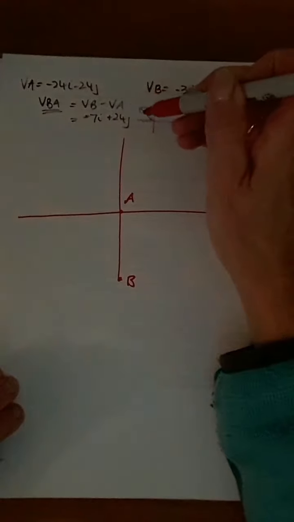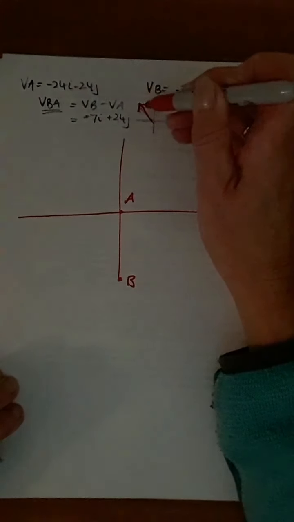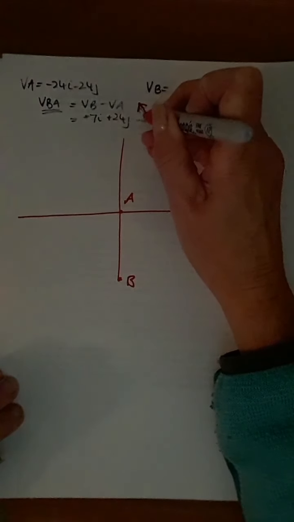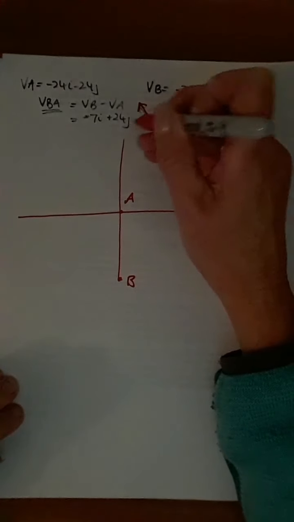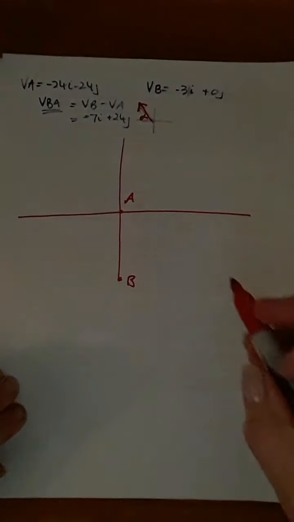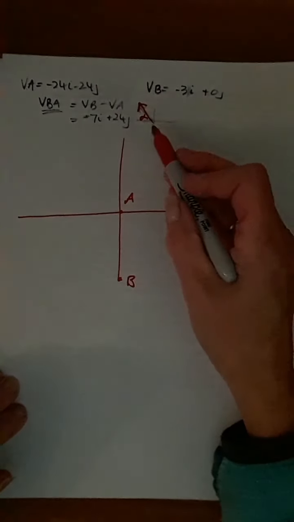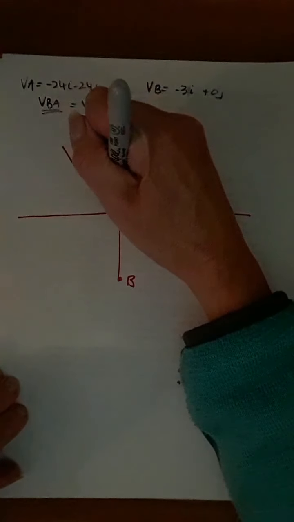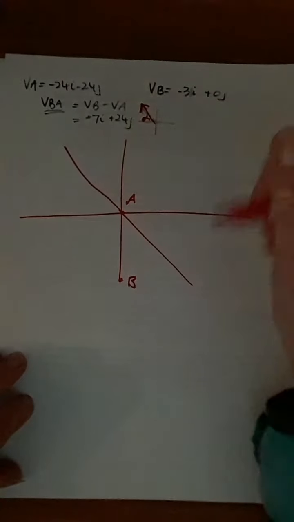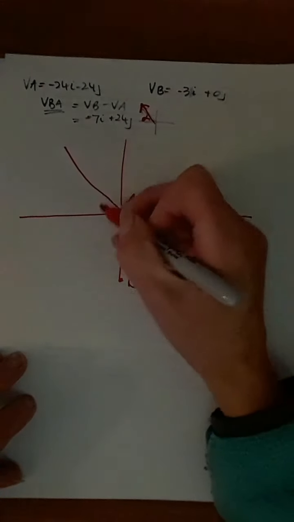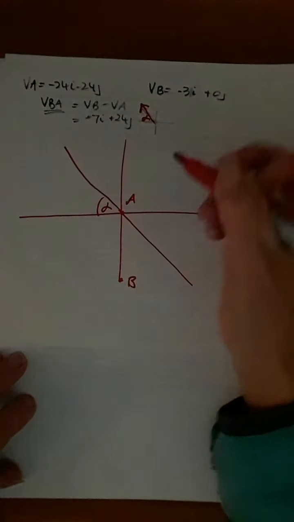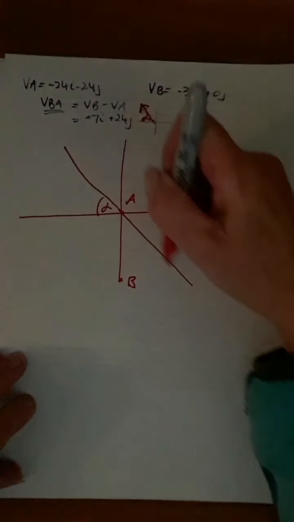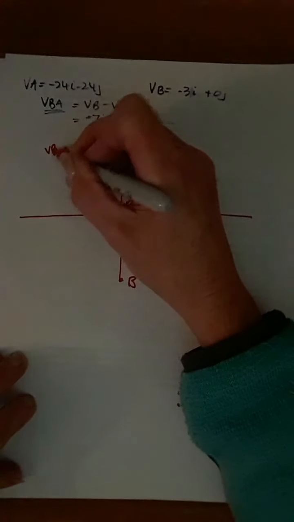So this is the direction, which means it makes an angle, I'll call it alpha, with the i-axis. So if I were to put this vector in here now, I know that the angle it makes with the i-axis is this one here, alpha. So this is my vector's direction, that's what I'm putting in there, VBA.